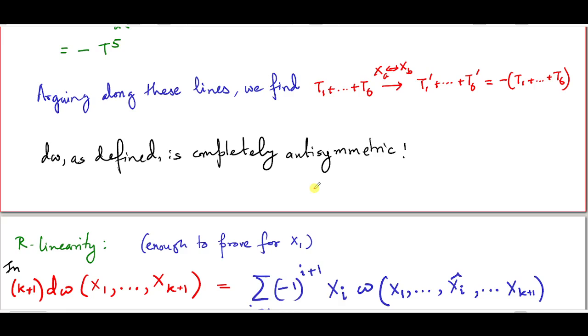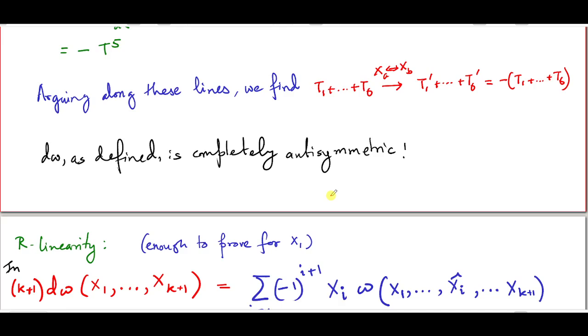That is, establishing that the expression is linear in the first argument, say, is enough to prove that it's linear in all the arguments. So we will prove it only for x1.